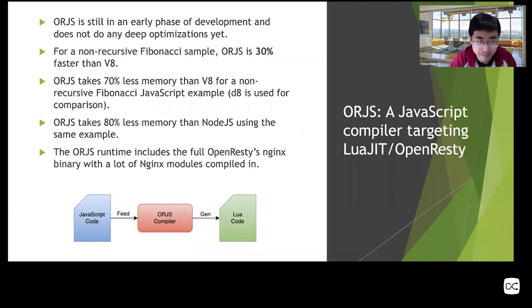But you know, JavaScript is very popular nowadays. Virtually everybody knows something about JavaScript. And also the ORJS runtime can include the full OpenResty Nginx binary. We also provide non-blocking IO, coroutines, and light threads, all transparent in JavaScript.